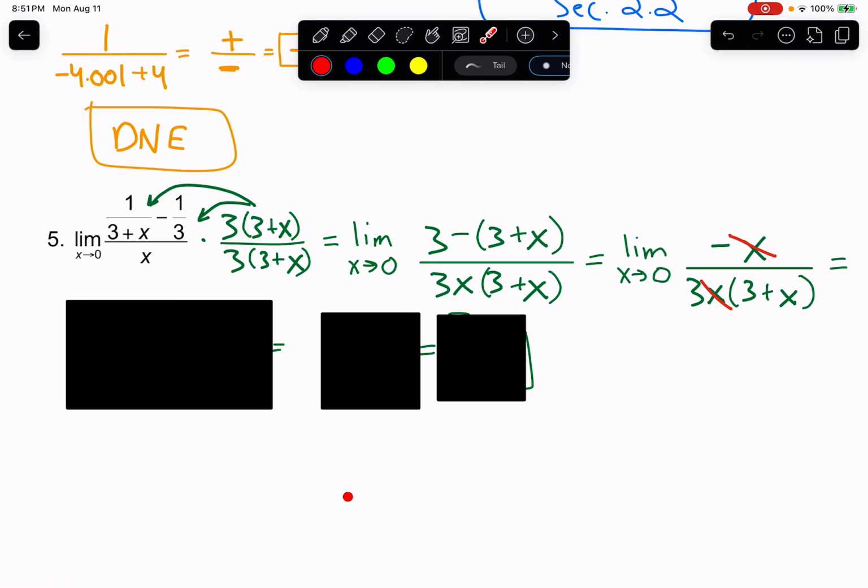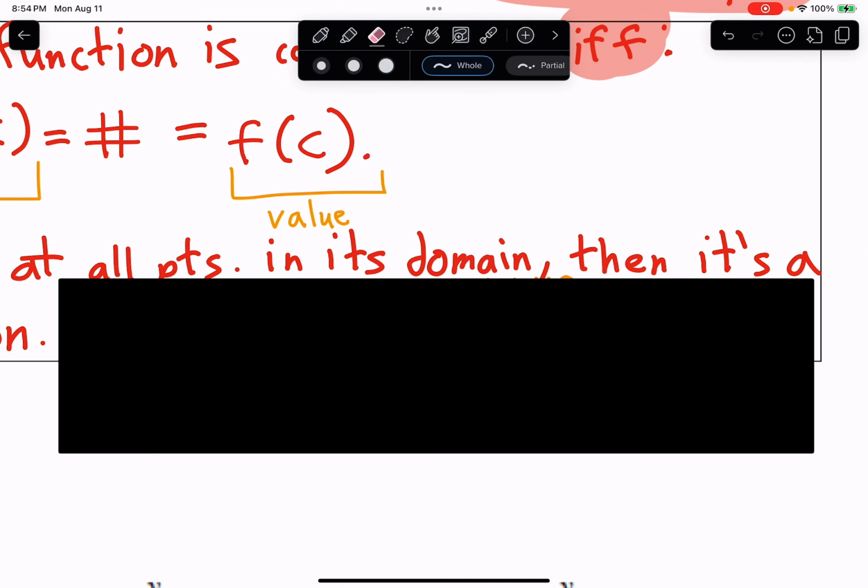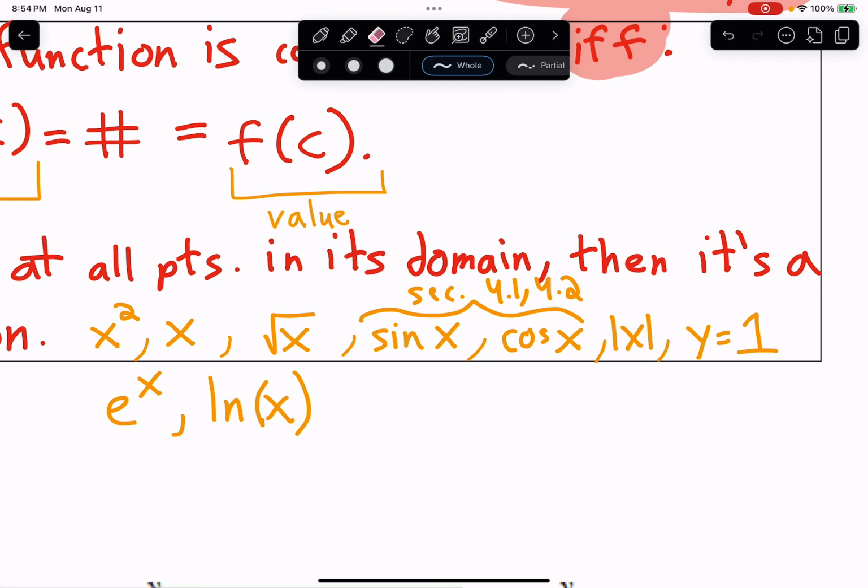And so we can say then, if a function is continuous, you'll notice I use cont as a shorthand for continuous. If a function is continuous at all points in its domain, then it is a continuous function, okay? And so the last thing we're going to put in this box here is just some examples of continuous functions.